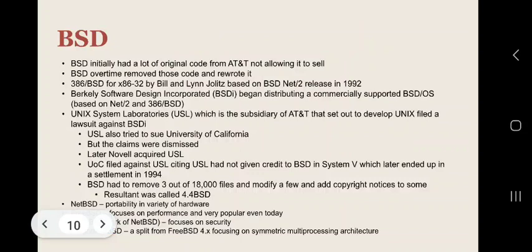So let's look a little more closely at BSD. BSD initially had a lot of original code from AT&T's Unix, which meant they couldn't sell it as well. They couldn't sell because of AT&T's code, so they had to remove some of the code, and there had been some legal issues between the entities in the past.